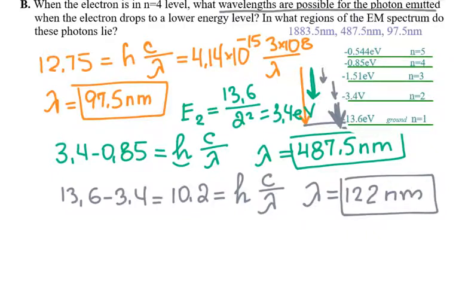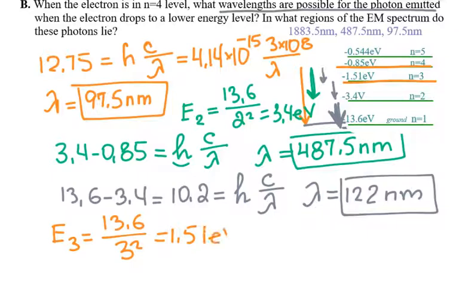So I skipped the one going from the fourth level to the third level. To go from the fourth to the third, I have to find the energy on the third level. That is 13.6 divided by 3 squared, which gives me 1.51 electron volts.